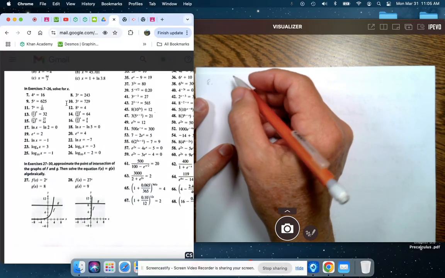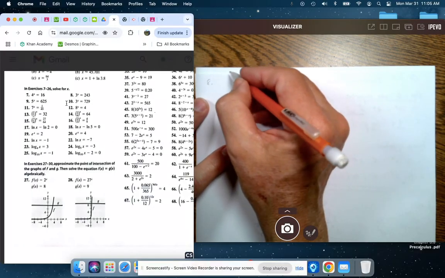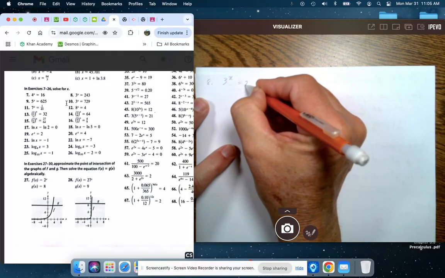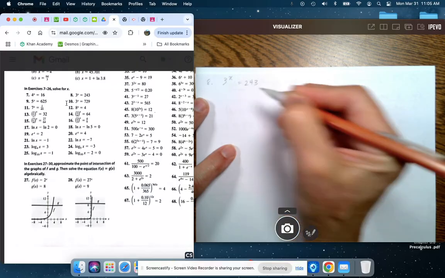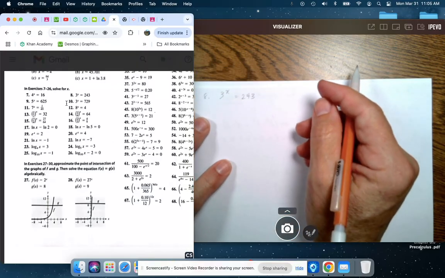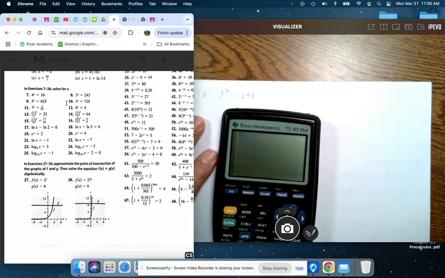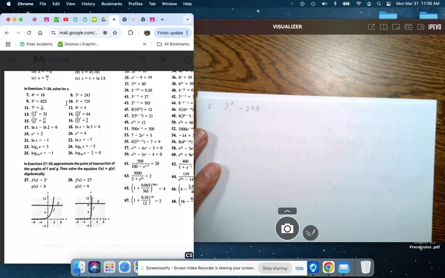So 8 is 3 to the x is 243. And I'm assuming 243 can be written as a power of 3. So let's see. I'm going to just guess. What is 3 to the 5th power? Nailed it. It's 5, right? Just got lucky.